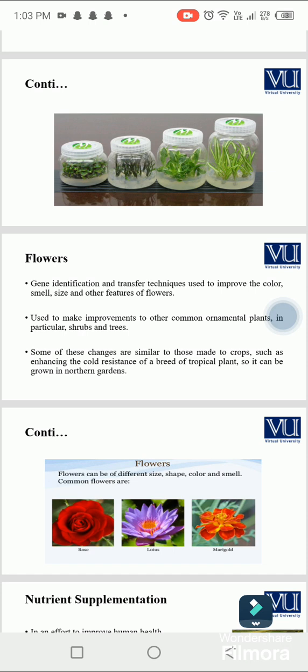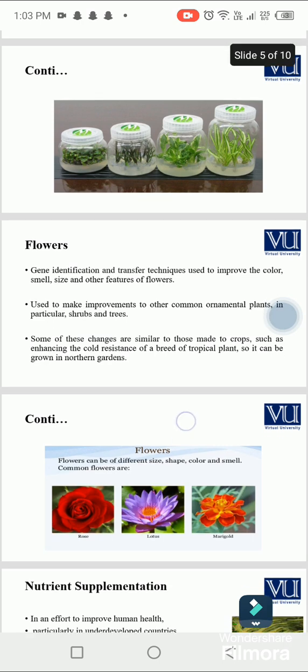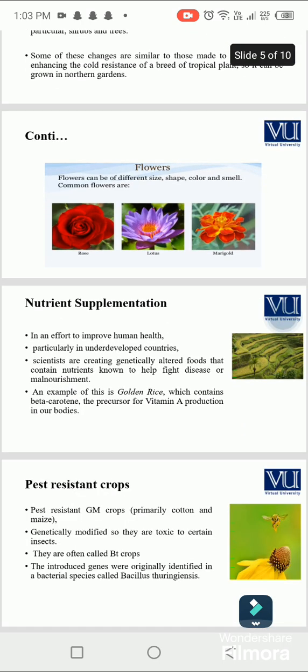Some of these changes are similar to those made to crops, such as enhancing the cold resistance of a breed of tropical plants so it can be grown in northern gardens. Flowers can be of different size, shape, color and smell. Common flowers are rose, lotus, marigold.